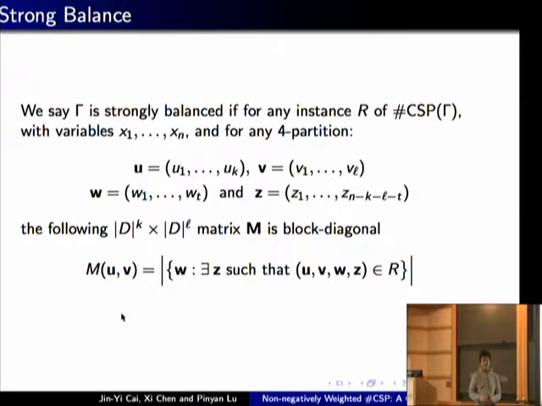If it's not strongly balanced, then it will be #P-hard. Is it clear? Following this existential condition, this one is not that simple, because of these existential quantifiers, you need to do something like interpolation to get the reduction.